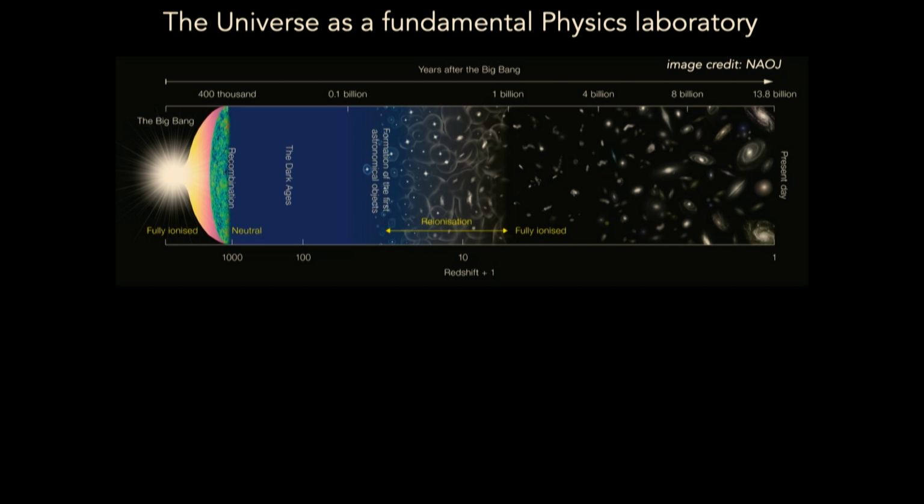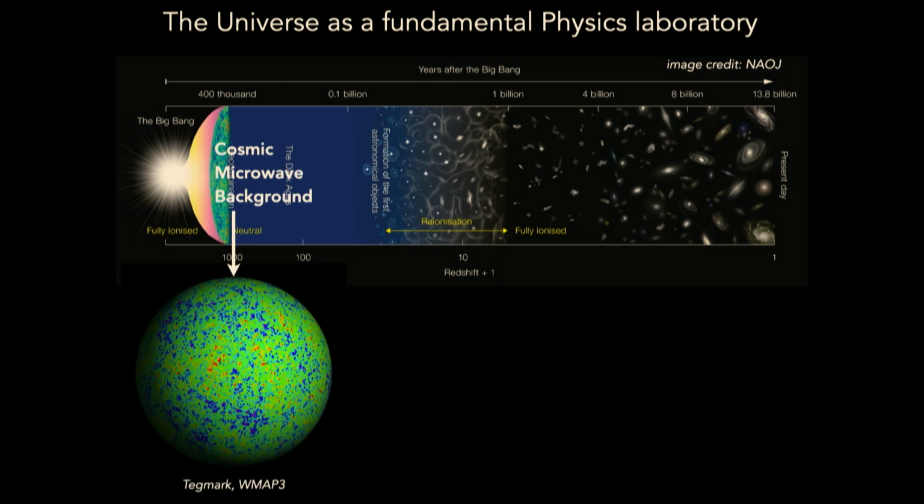But some of the ones I would like to focus on today are the so-called cosmic microwave background. So this is the very first light that was emitted after the Big Bang, and you can think of it as the baby picture of the universe. This is a 2D spherical image that gives you the statistics of the initial conditions of the universe.